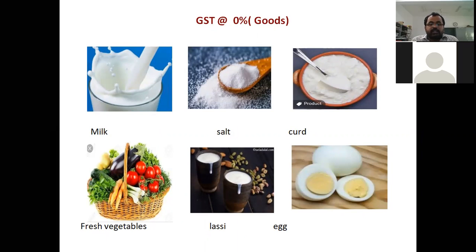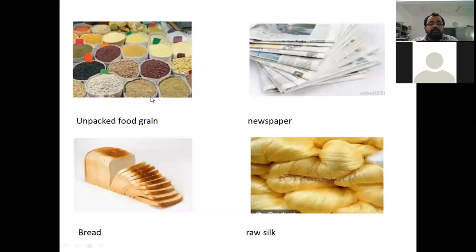What you are seeing on the screen is milk, salt, curd, fresh vegetables, lassi, egg, unpacked food grains, newspaper, bread, raw silk. These are the important goods which come under the 0% tax rate. These are all very essential products for daily consumption. Therefore, these products come under 0% GST rates.